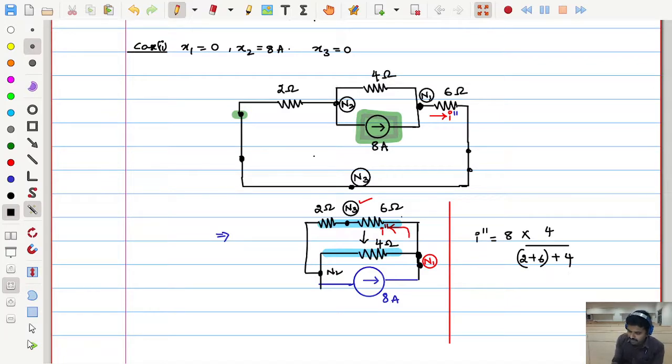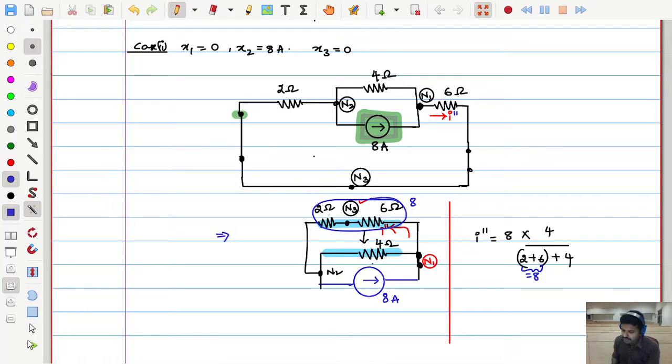The two parallel branches are 2 and 6 in series, and that combination is in parallel with 4. That's why I am taking this together as 8. So 8 and 4 are in parallel.